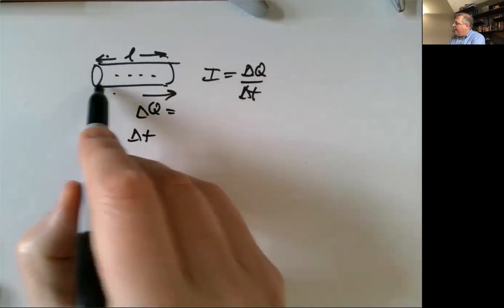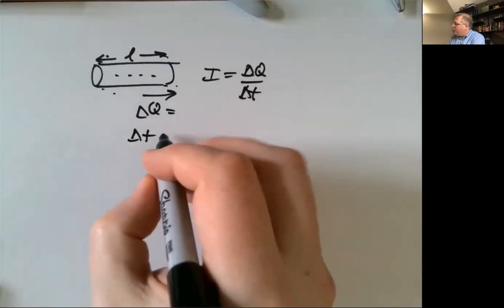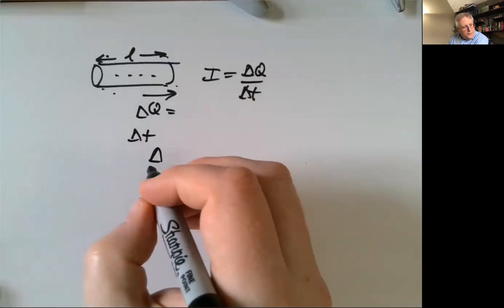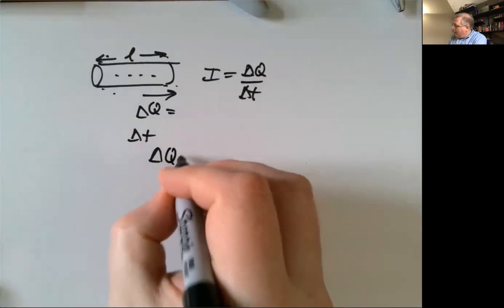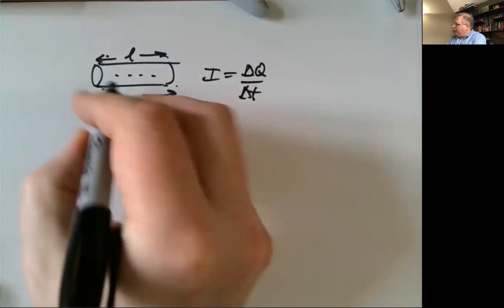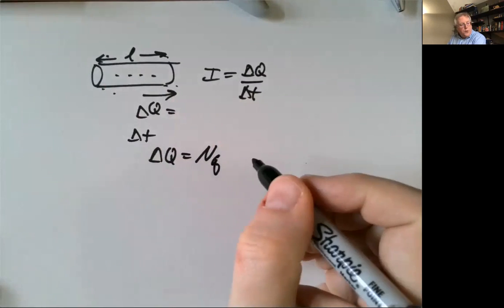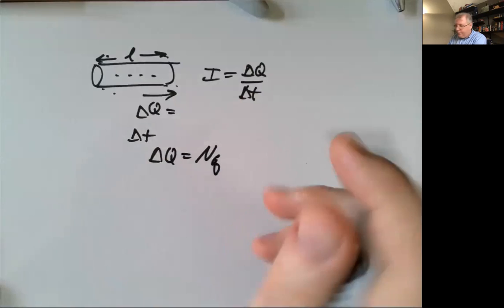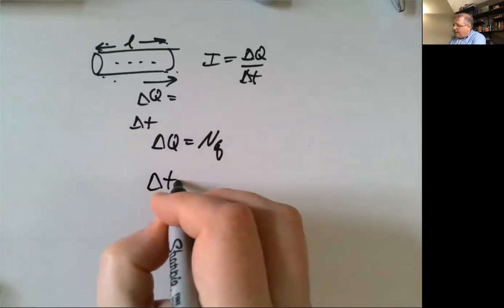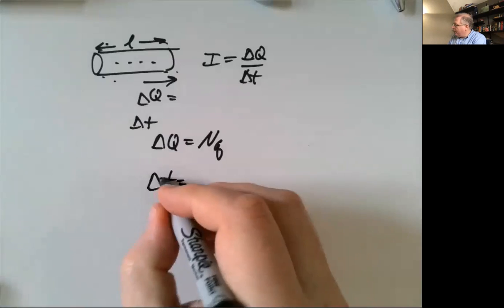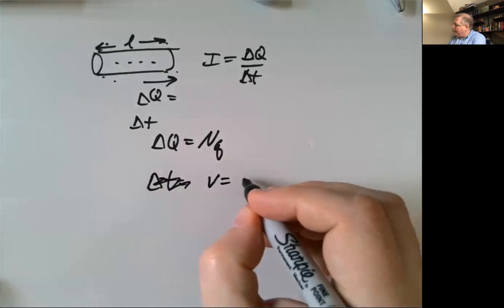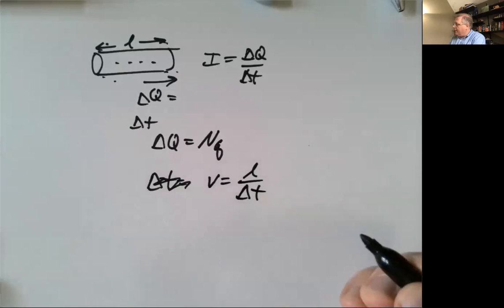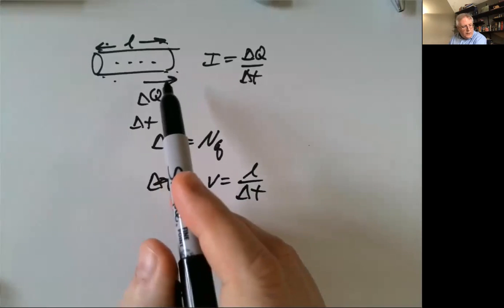So let's say all of them go distance L in delta t. So delta Q is going to be the number of little ions I've got times the charge of each little ion. And the speed, V, is going to be L over delta T. So this is the speed at which each little ion is moving.